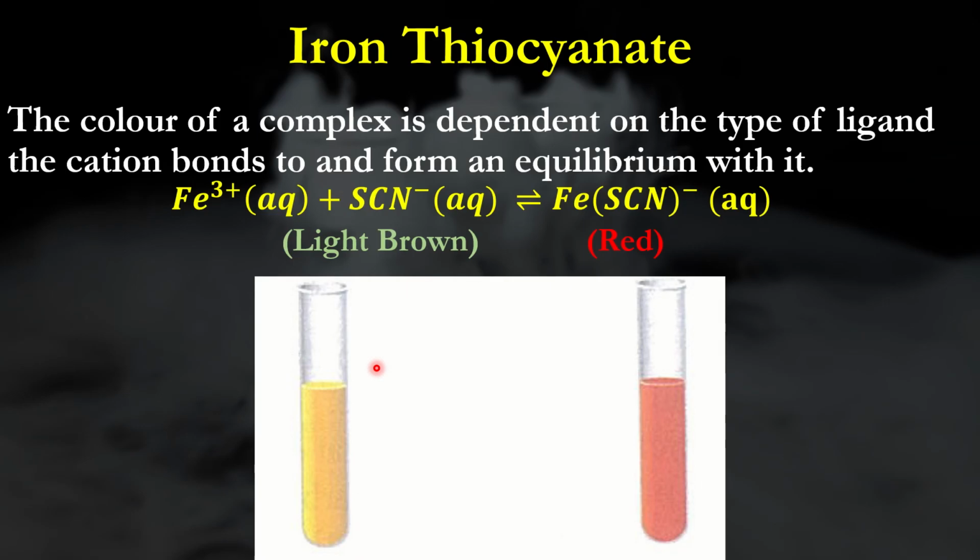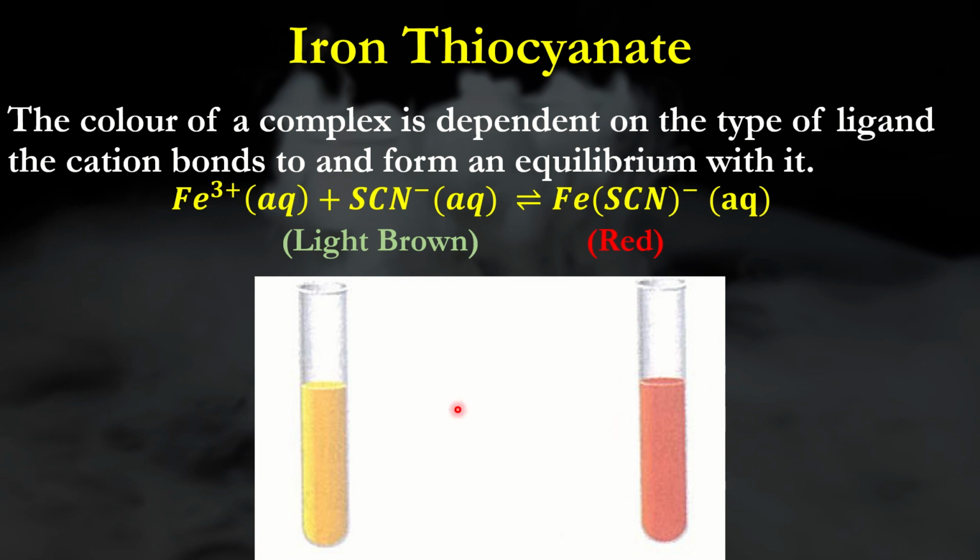Let's look at some really important examples that we talked about earlier in Module 5, and that's iron thiocyanate. So the color of the complex is dependent on the type of ligand the cation bonds with. In this case, iron 3+ is attached with a ligand of thiocyanate, and it goes from a light brown color to a blood red color here.